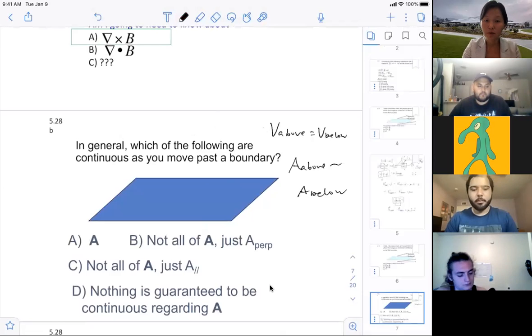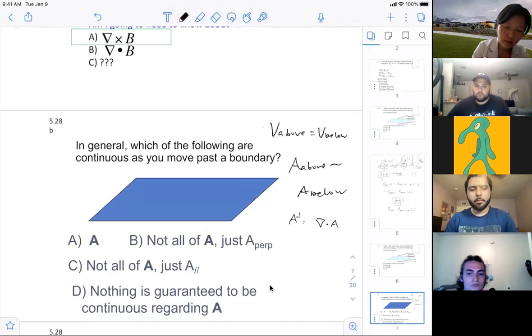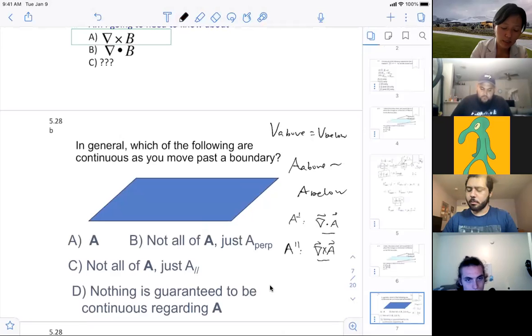I'll give you a hint before you go ahead and discuss. To do the parallel and perpendicular components, to get the perpendicular component, you probably want to think about the divergence. And to get the parallel component, you want to think about the curl of A. For the divergence, again, we could assume that we are working with Coulomb's gauge.